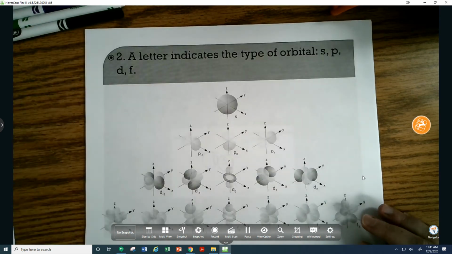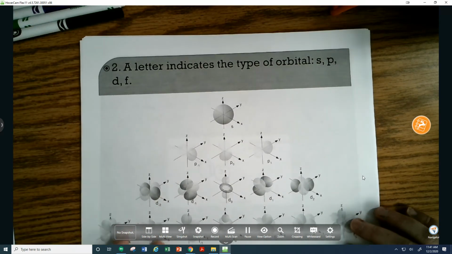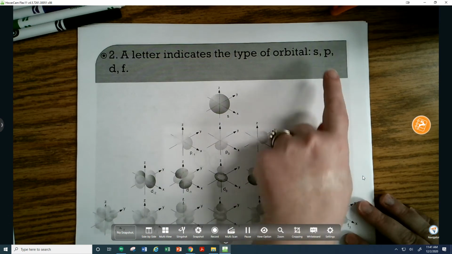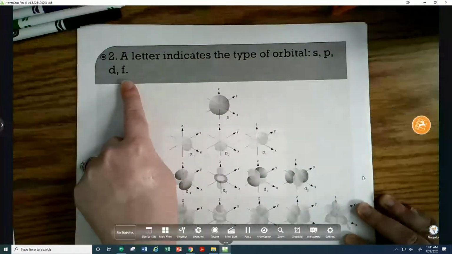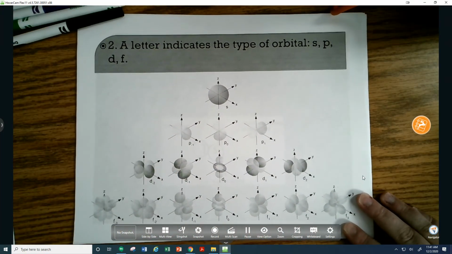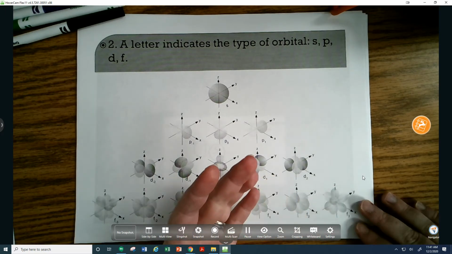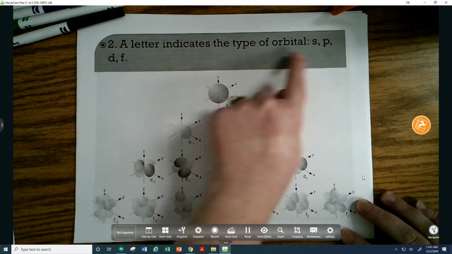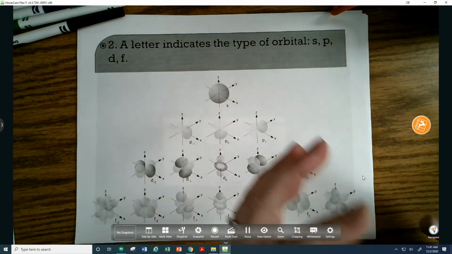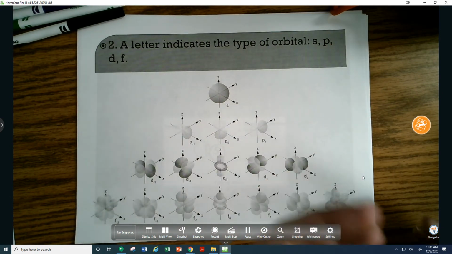The next piece of the electron configuration, and you saw that in your little cheat sheet, was filling in these S, P, Ds, and Fs. The idea here is that we are writing an electron configuration as an address to where electrons are stored. S orbitals are this 3-dimensional space in which the electron can be found.